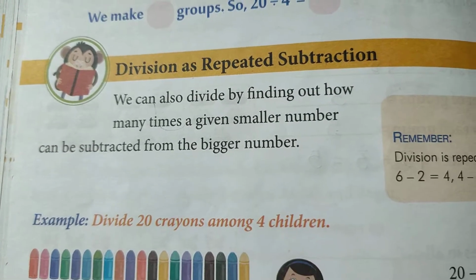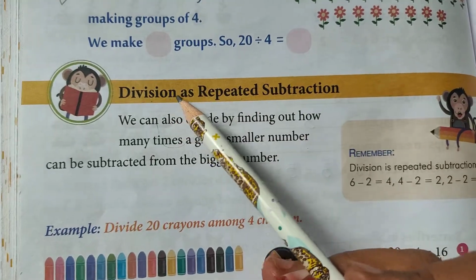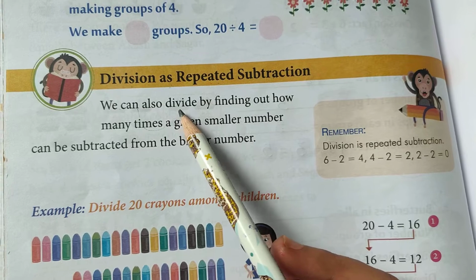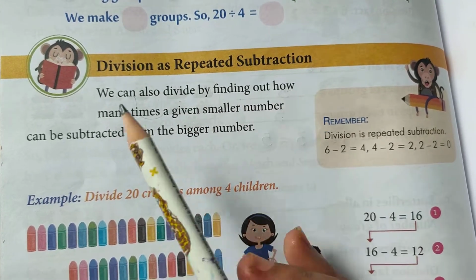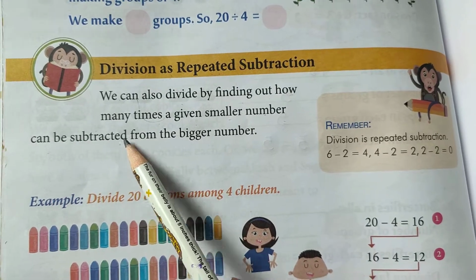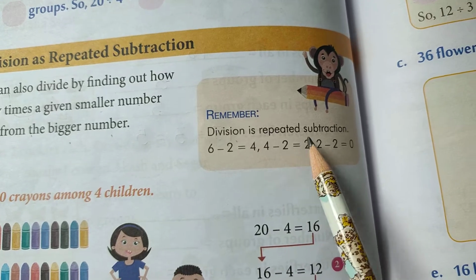So multiplication is repetition of addition. Like that, division is repeated subtraction. We can also divide by finding out how many times a given smaller number can be subtracted from the bigger number. Division is repeated subtraction.